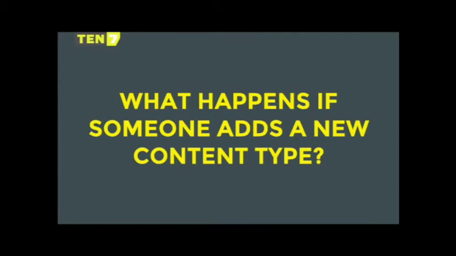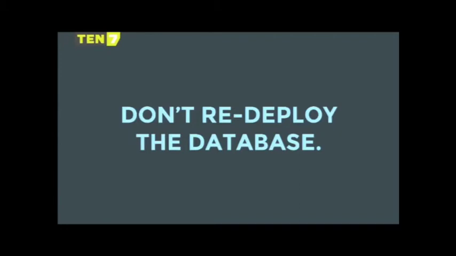And then you could probably get that approved, and then you could look at the content type and manually go onto the live site and manually recreate that content type with all the fields, with all the parameters, with all the whatever else there is. You can't redeploy the database.